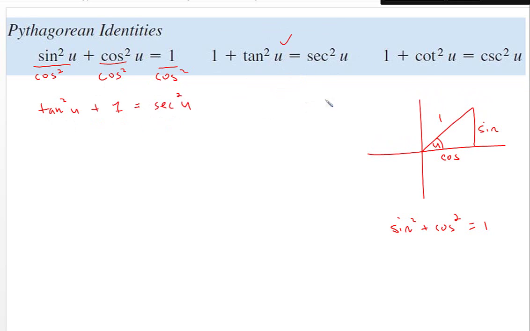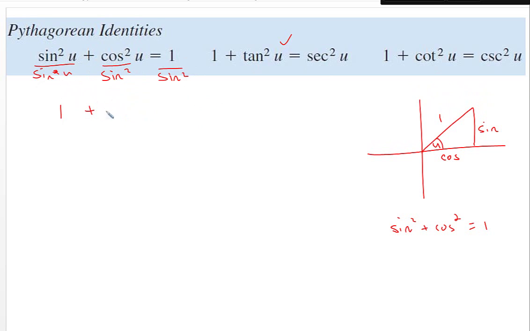And the same thing over here, if you want to get this one, basically what you're doing is you're dividing everything by sine squared instead. If you divide everything by sine squared, sine squared over sine squared is going to give you 1.